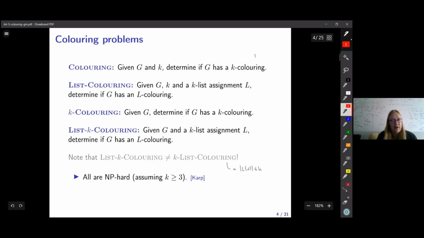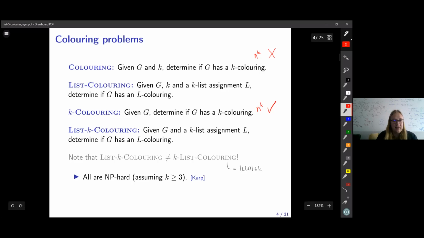So here, if my running time is n to the k, then I have not got a polynomial time algorithm. However, when I'm k coloring and k is fixed and only G is the input, then k is a constant, so n to the k is a polynomial time algorithm for k coloring, and the same for the list versions. So it makes a difference whether we have k as part of the input or k is fixed and part of the problem, just in terms of which complexities count as polynomial.